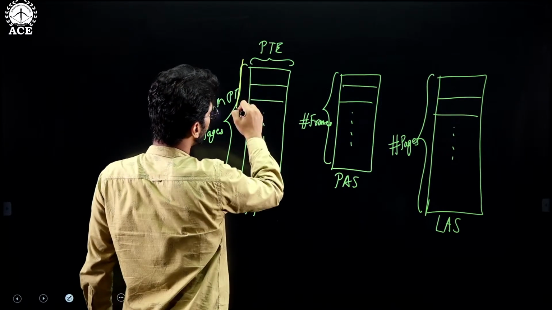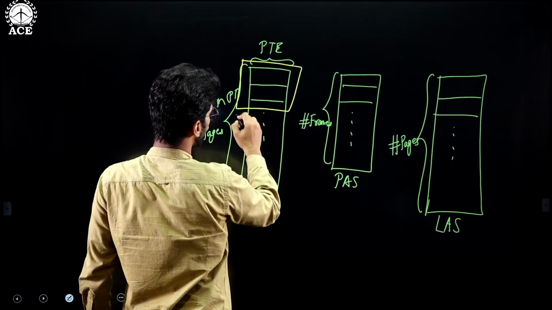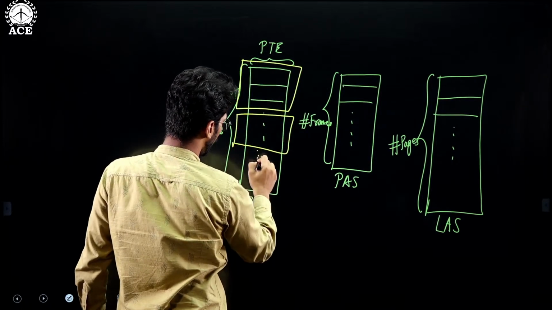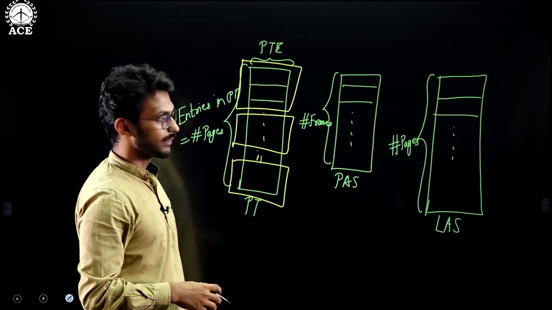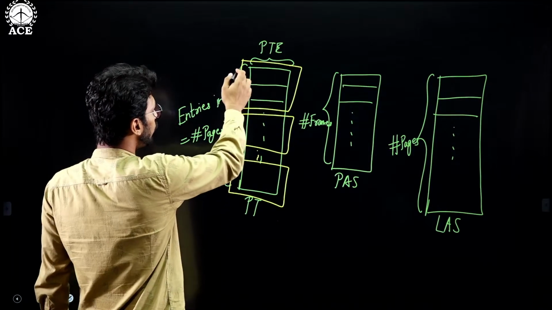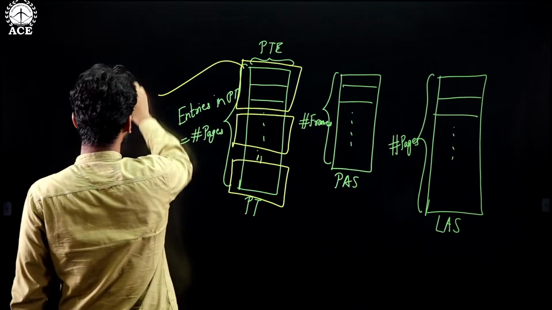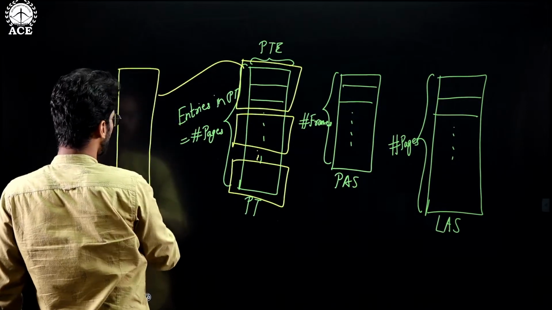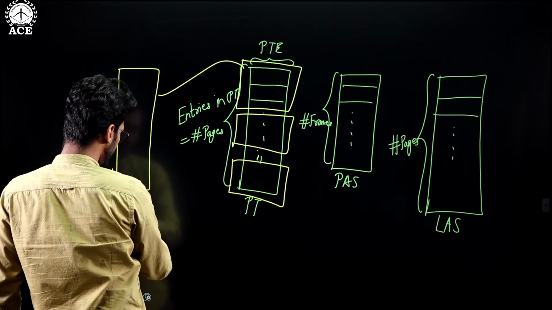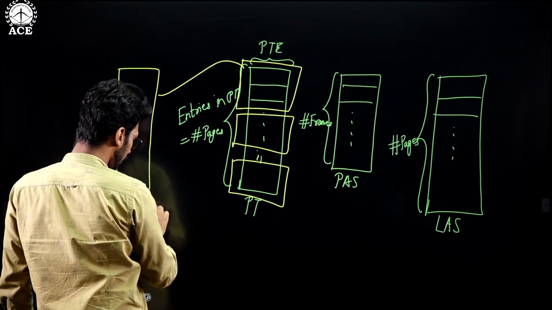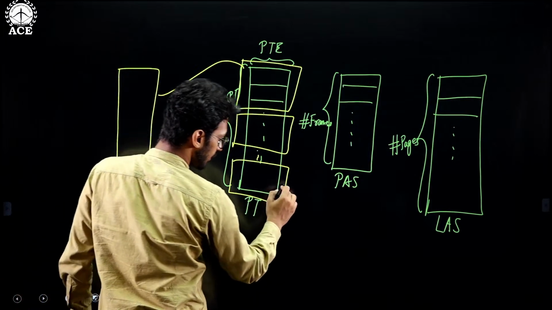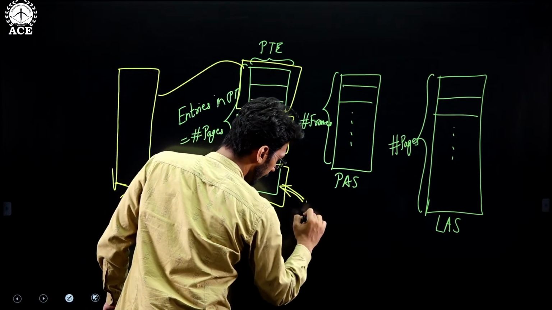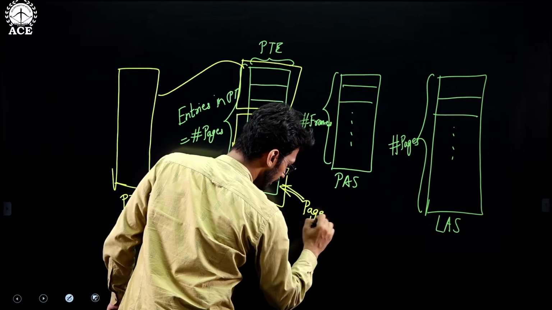Let's say it fits in multiple frames, this frame, and so on till this last frame. Then we will do further paging. Are you getting it? We'll create another page table. This is the page table of the page table.